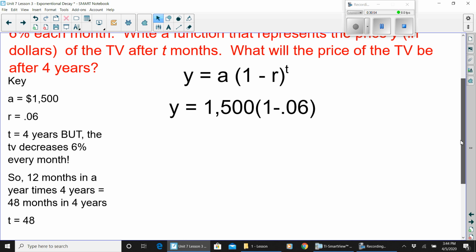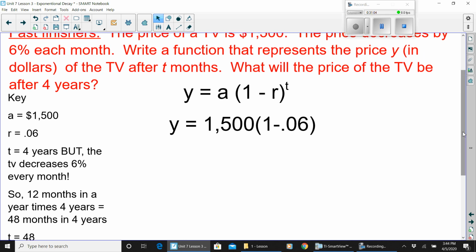So T is 4 years, but the TV decreases 6% every month. So if it decreases 6% each month, then you have to figure out how many months in 4 years. And you do 12 times 4, because it's 12 months in a year, and you get 48 months in 4 years.